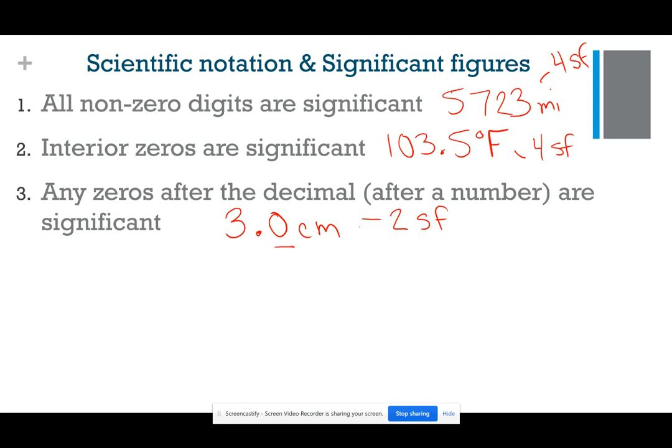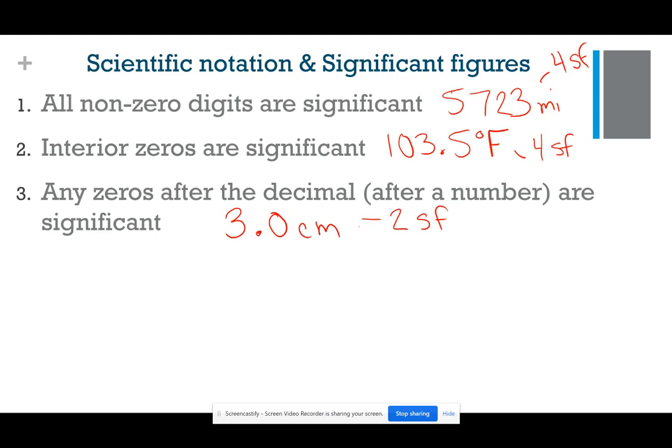So in this case, the 0 would be the estimated digit. So I estimate that the length of whatever fell right on that 0 line. So after a decimal, after a number, if I bothered to write it, it's there for a reason. I'm lazy. I wouldn't do it otherwise. So those are what are significant.